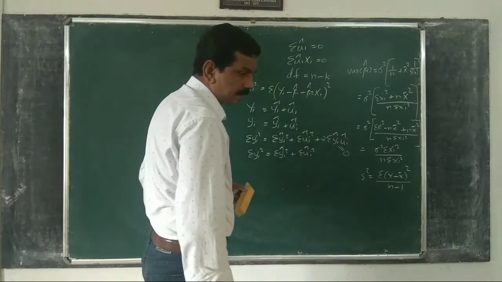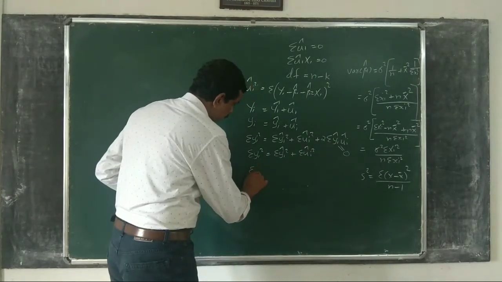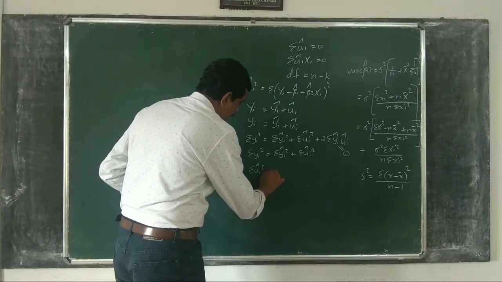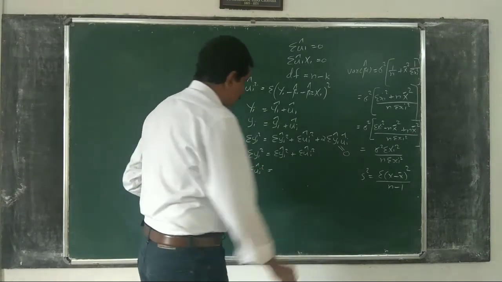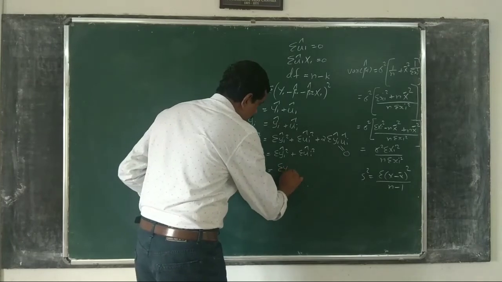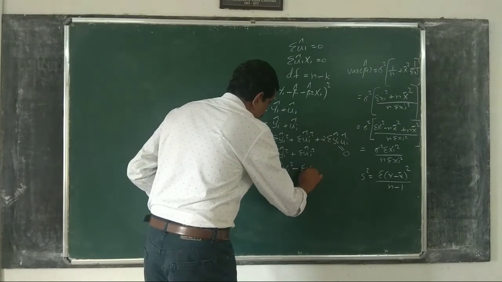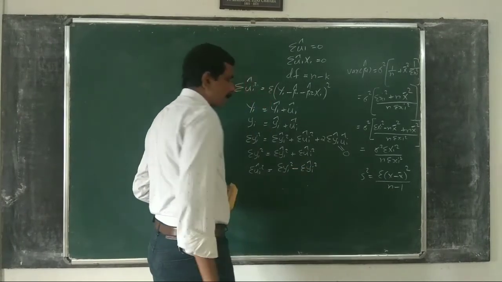Now it follows that sigma u hat i square is equal to sigma yi square minus sigma y hat i square.